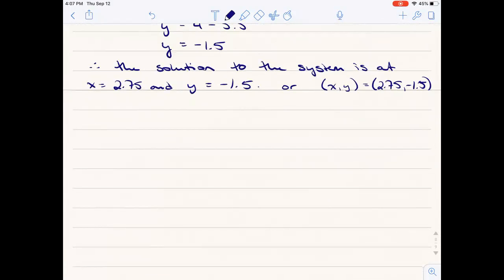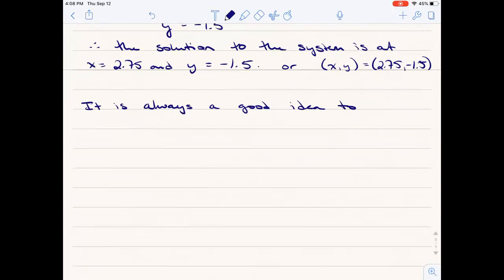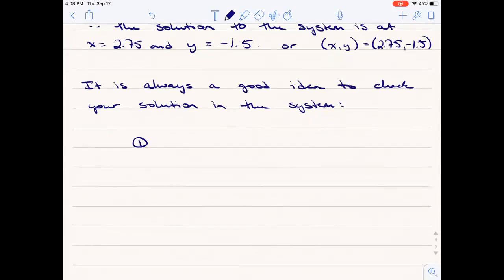Okay, and so it is always a good idea to check your solution in the system. Equation 1 was 4x plus 2y equals 8.